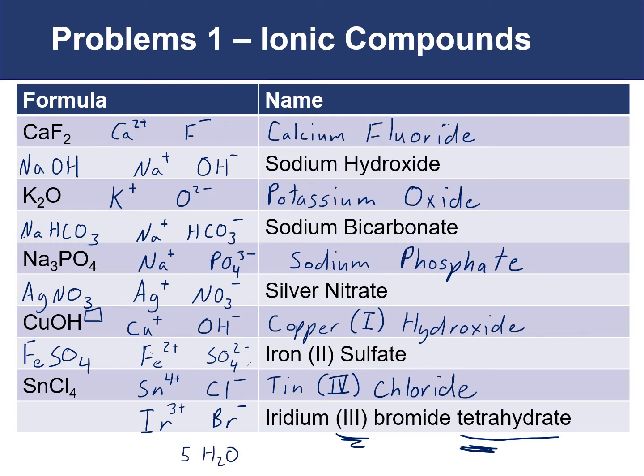Okay, so our chemical formula would be IrBr. We need 3 of the bromines to balance out the charge on the iridium. So this would be 3, and then dot 5H2O. This iridium here is not part of the formula.